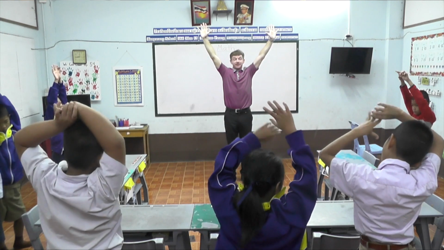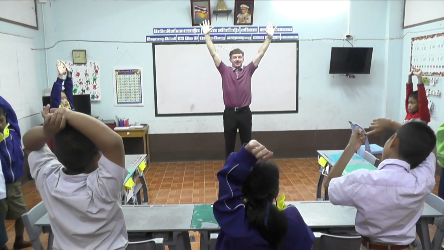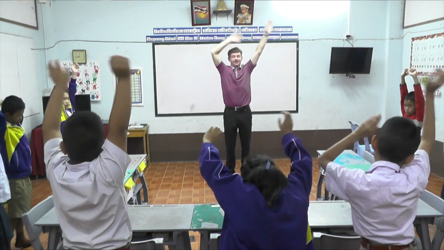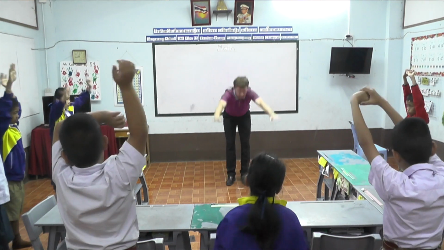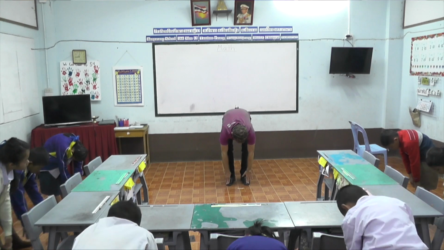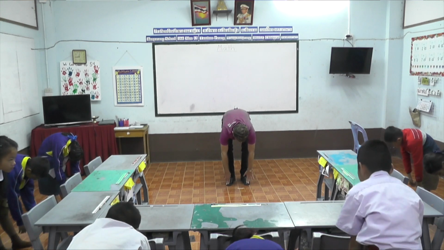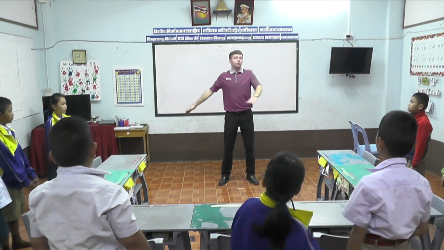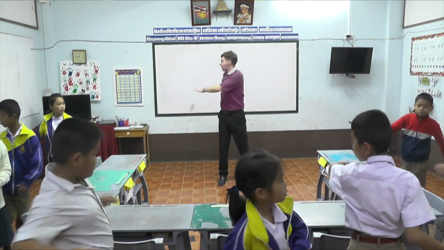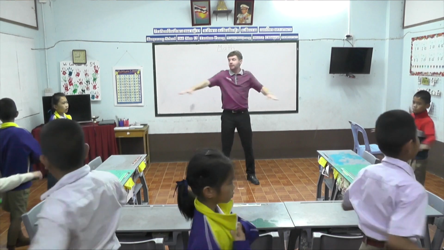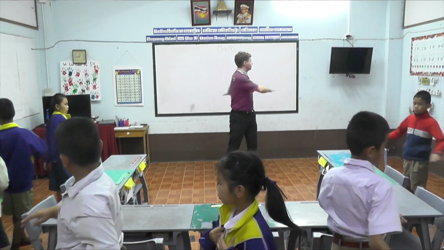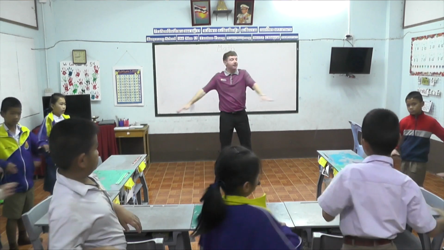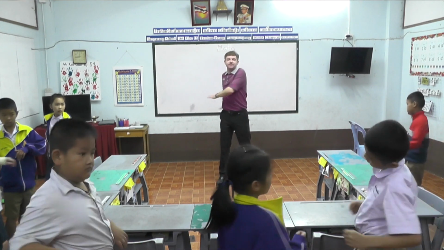And this time, can we go tippy toe high? And when we're there, give a wave. And then back down to touch our toes. And then stand up. And now we'll rotate, we'll go left, right, left, right, left, right, left, right, left, right.